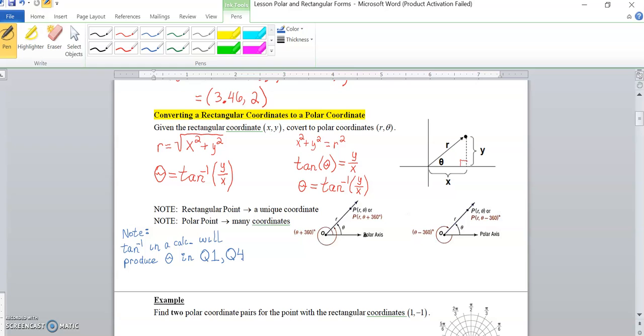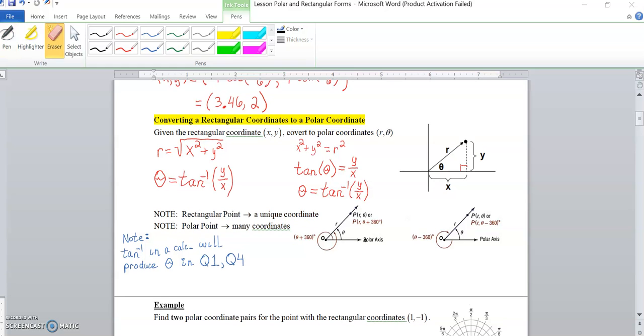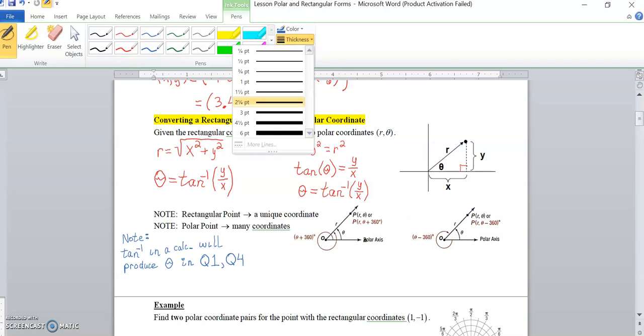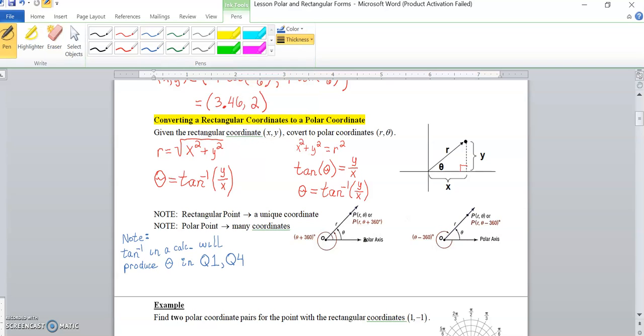This note is important because you may have a point out in space that in rectangular form ends up in quadrant 3. So you're down here in this spot. We went some y distance, some x distance, and we know we're in quadrant 3 based on the coordinate we were given.